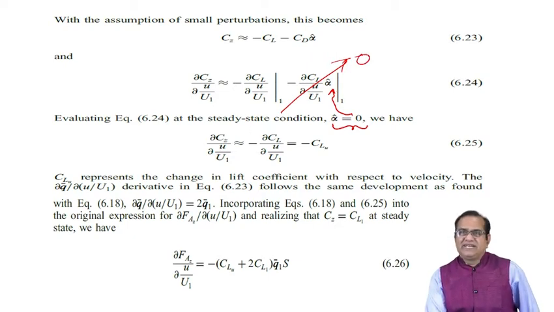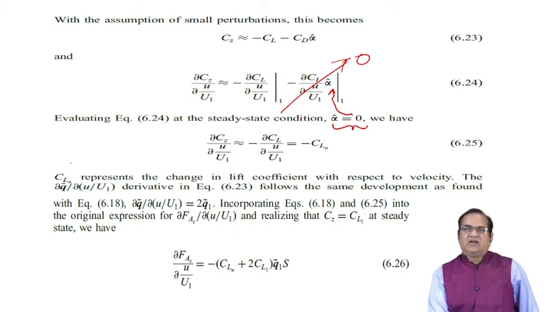Okay, so here dCZ by du by u1 is approximated as minus dou CL by dou u by u1, or we can write minus CLU. Here CLU represents the change in lift coefficient with respect to the velocity. As we increase the velocity, how much the coefficient of lift changes.